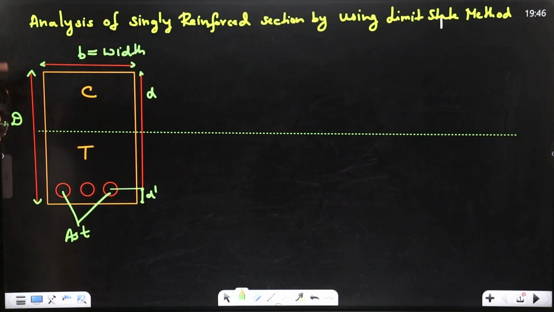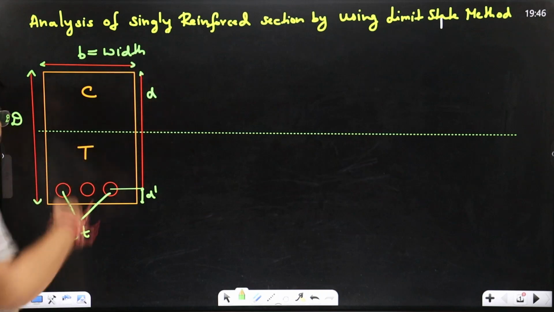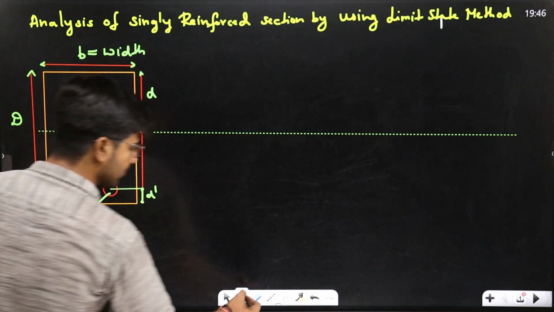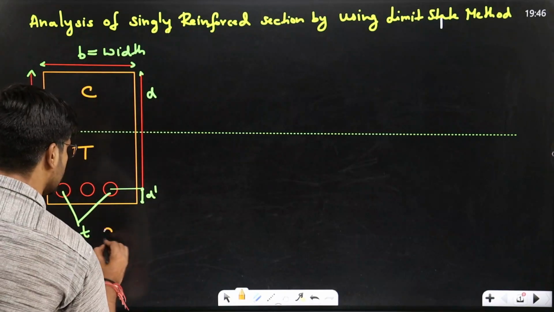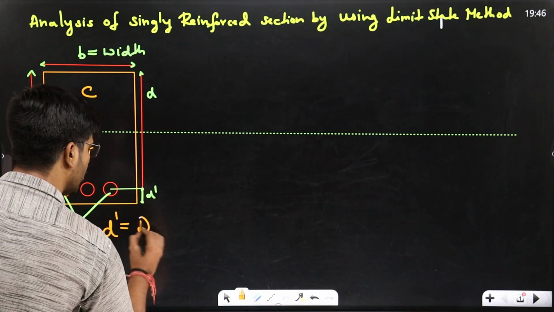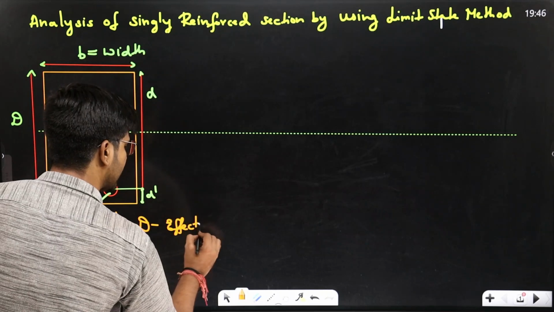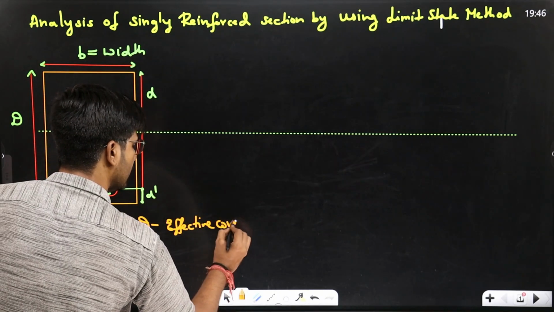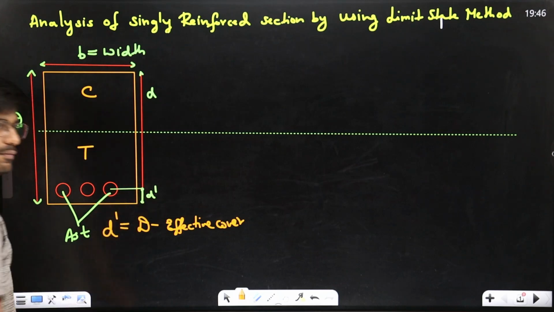D is your overall depth and this small d is your effective depth. What is effective depth? Effective depth is nothing but overall depth minus effective cover. This is your effective cover.